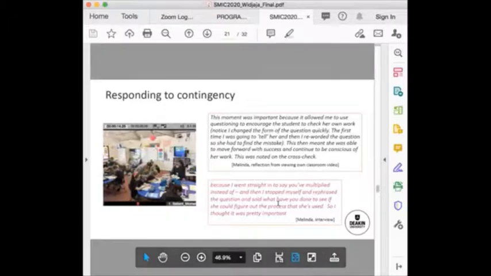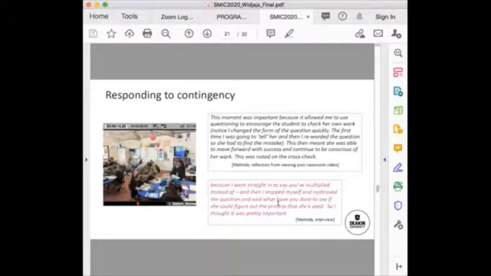In her reflection sheet, she said that moment was important because initially she was going to tell the students, and if you heard the voice, she was almost going to tell the student that she was incorrect, but then she stopped herself and questioned the student instead.